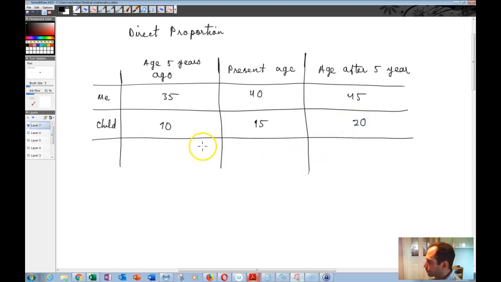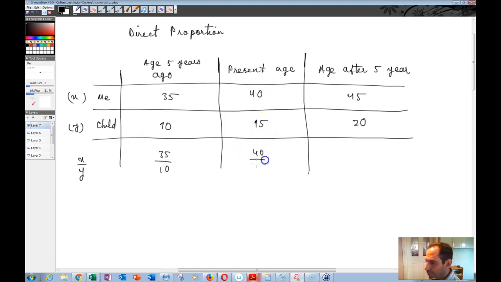So now you see that over here, if you take these as x and y, this proportion x to y is 35 to 10, which is about 3.5, the ratio.